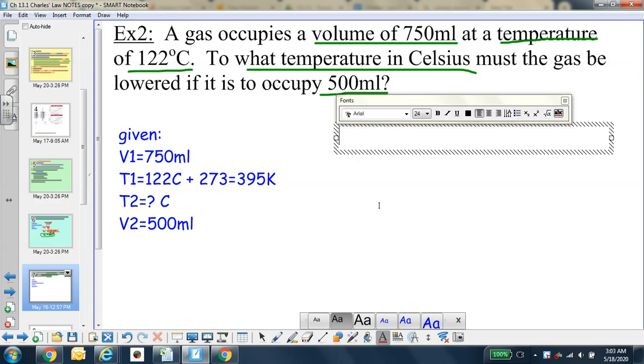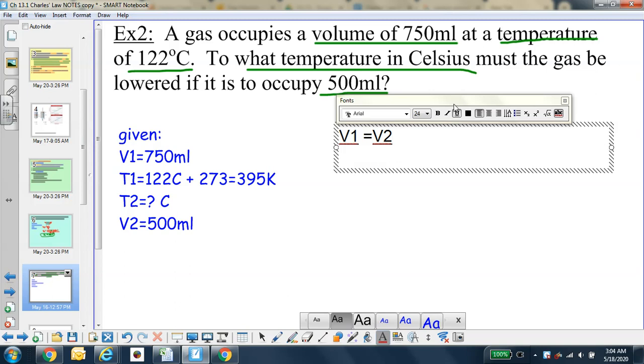Okay, so our formula. Volume 1 over temperature 1 equals volume 2 over temperature 2.